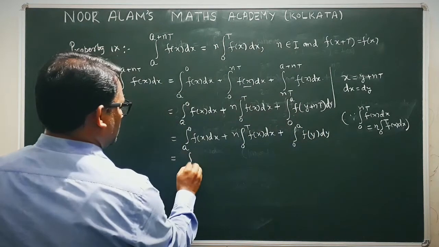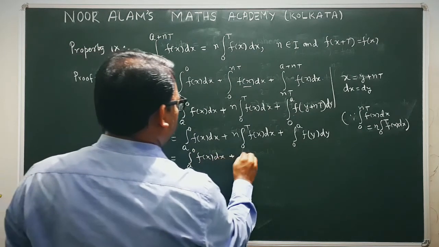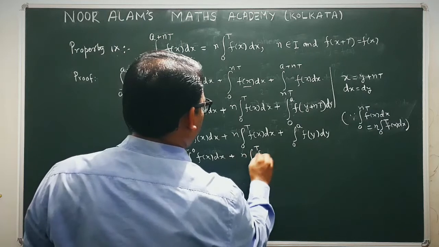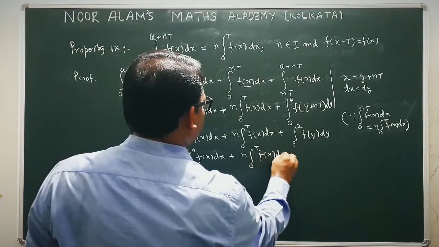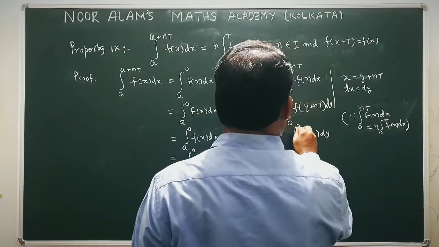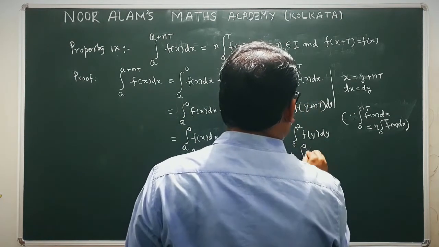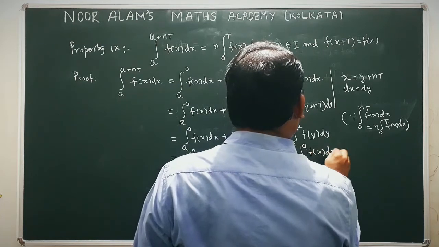Now again a to 0 f(x) dx, and this can be written as n into 0 to T f(x) dx, and since we know that the value of the integration is independent of change of variable, so we can write as 0 to a f(x) dx.